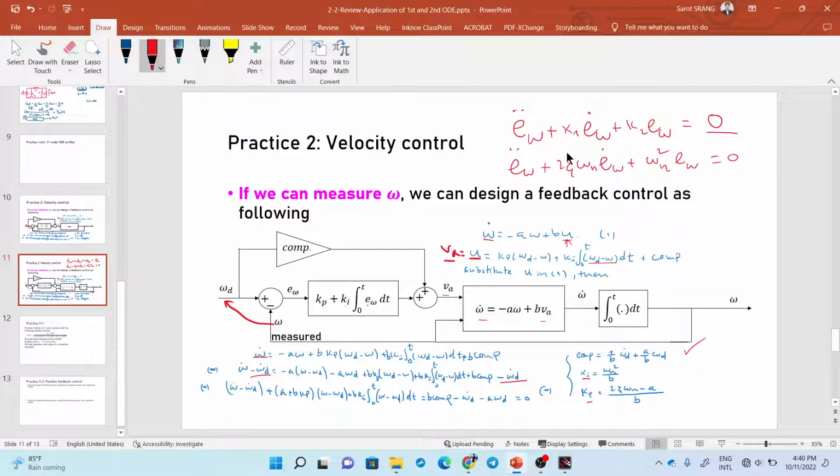So by comparing the coefficients of these two equations, you can easily find ki and kp. And for the compensation, you can find it by trying to cancel out the right hand side. So finally, you get this architecture for velocity control.